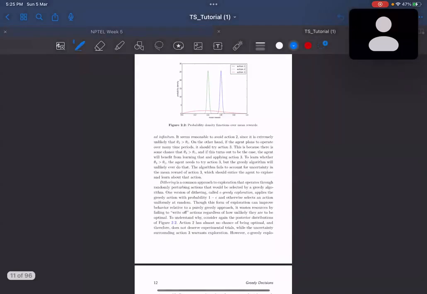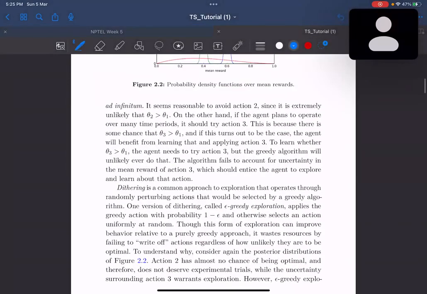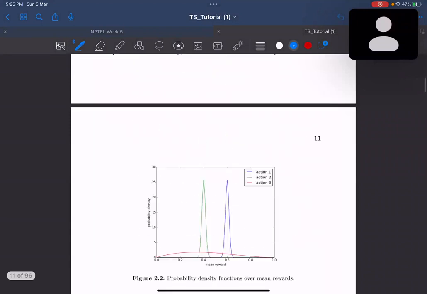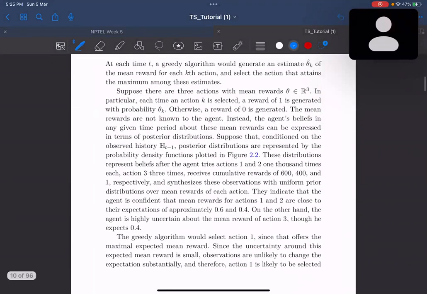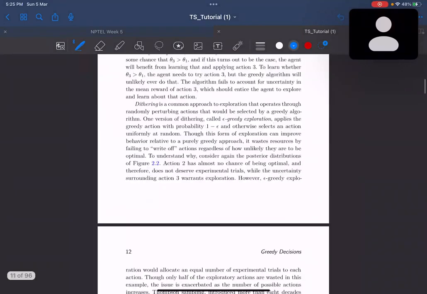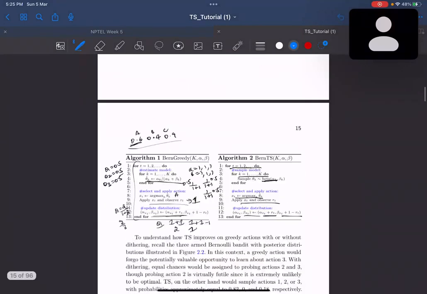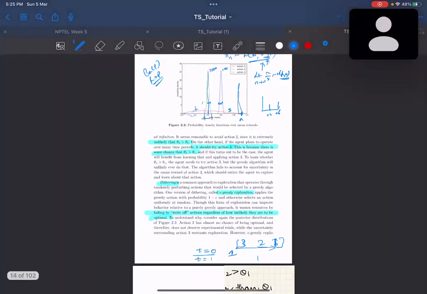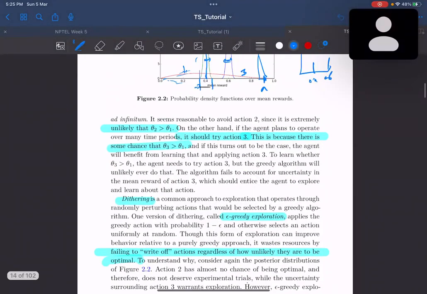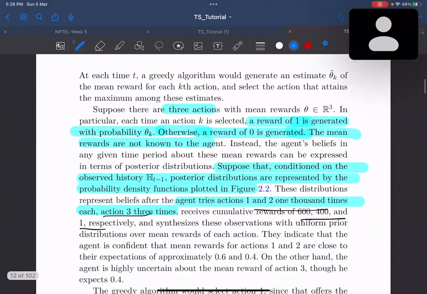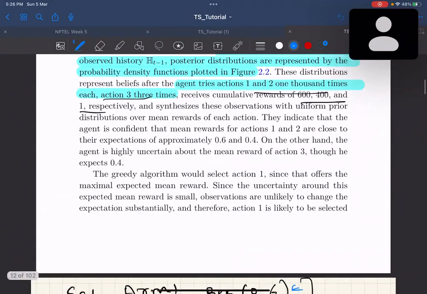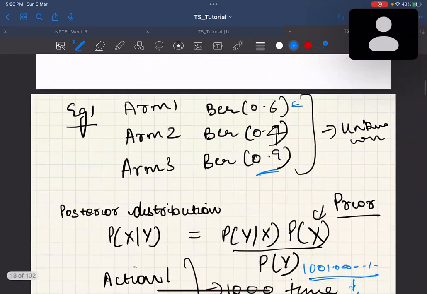This is the Stanford material. If you search for Stanford Thompson sampling, you'll get this PDF. This is very useful. You can also go through this. Here you will find, I think the next one, here there is written, here only I have explained. Okay.